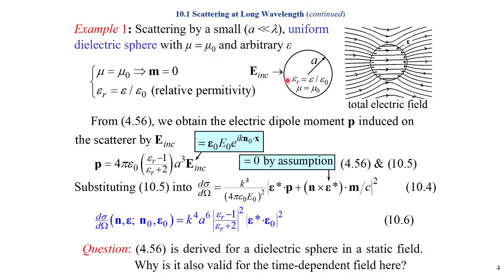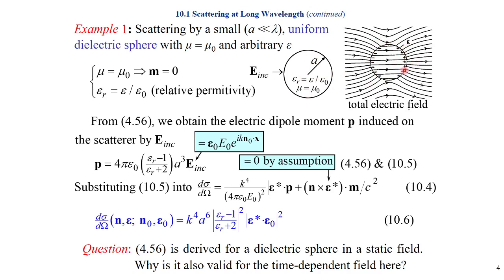And here, epsilon r equals epsilon divided by epsilon 0. For example, if this is Teflon, then epsilon r will be 2.1. Just to give you an idea.